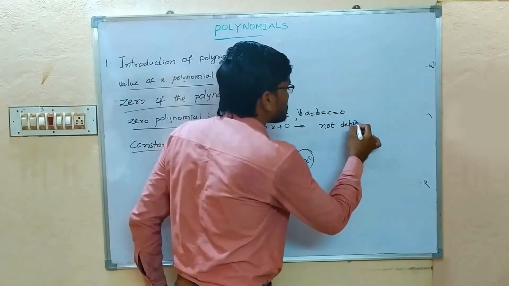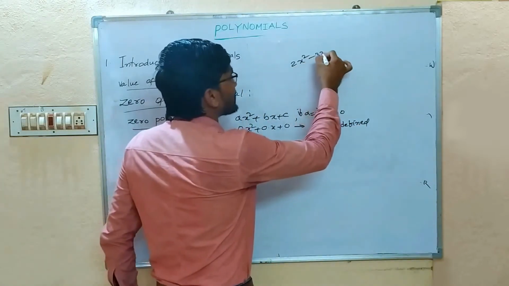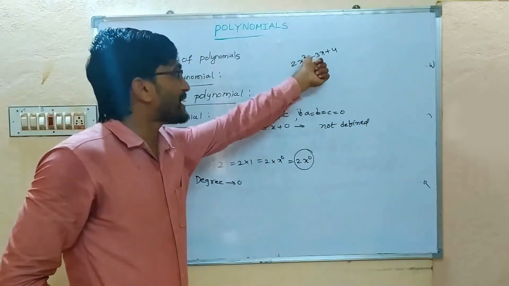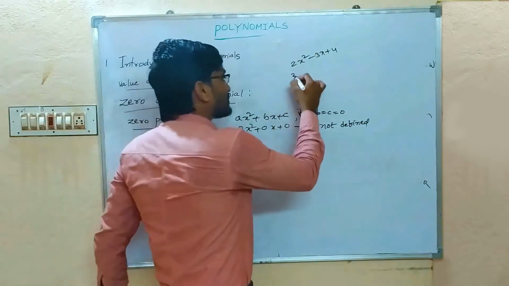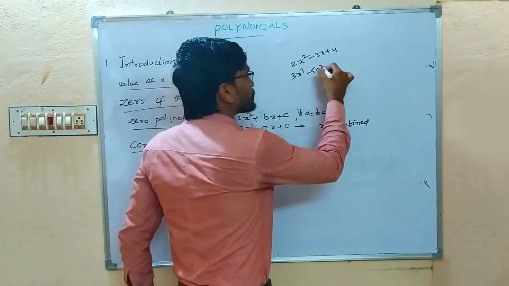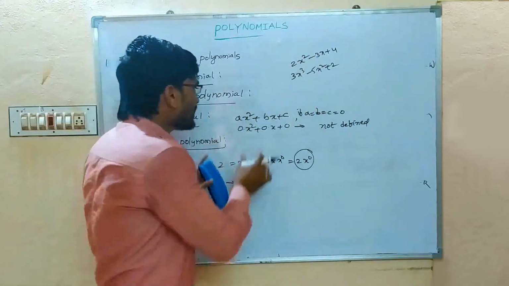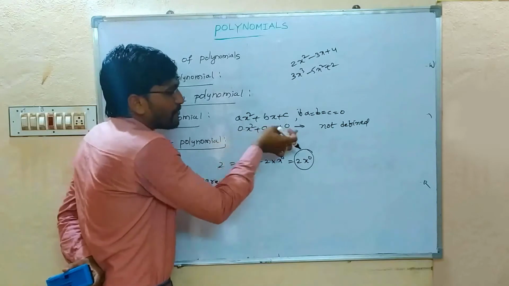How can we say that? Suppose I consider 2x square minus 3x plus 4. Everyone can say the highest power is 2, so the degree of the polynomial is 2. Consider 3x cube minus 5x square plus 2. Here the degree of the polynomial is 3. Now, here what is the degree of the polynomial? If you observe, all the coefficients are zeros.